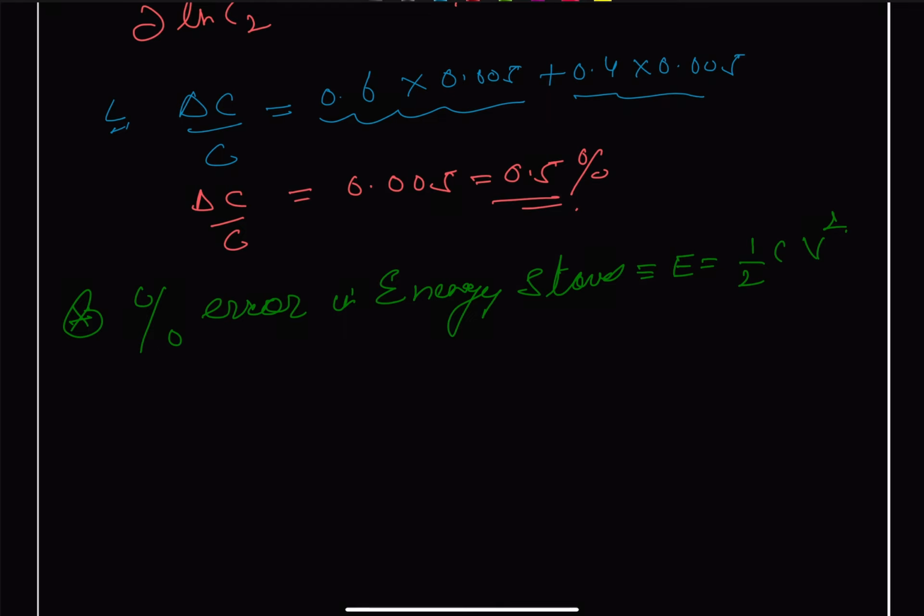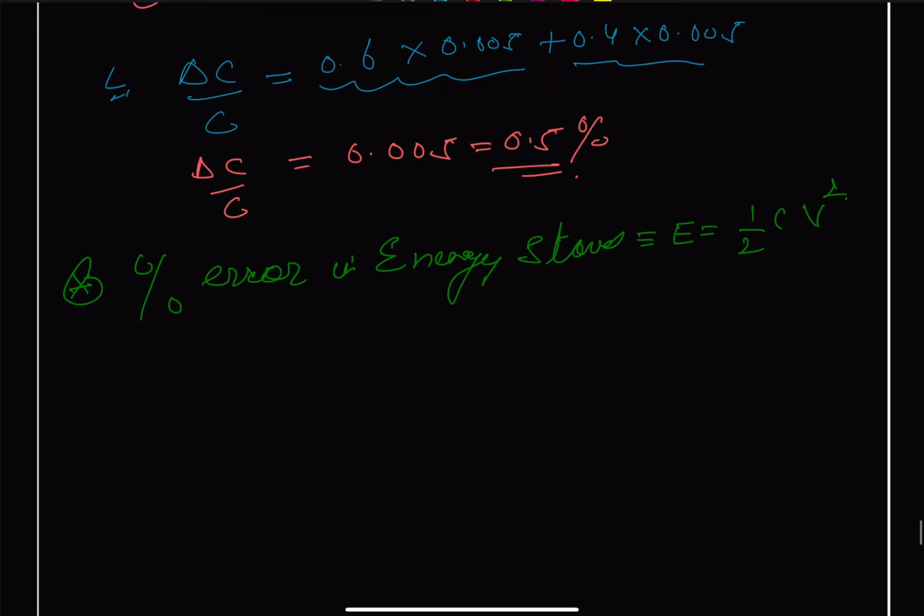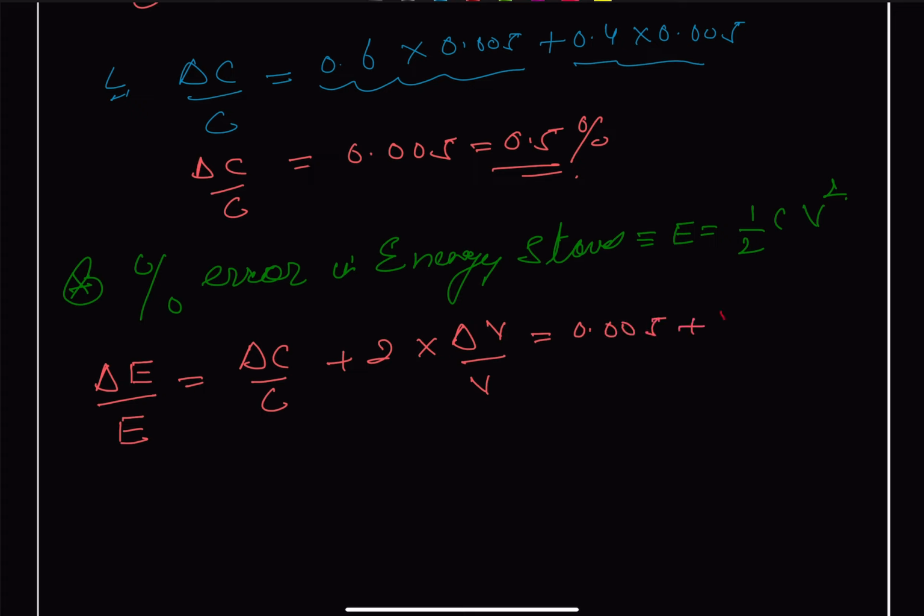So therefore we can write that our delta E upon E will be equal to delta C upon C plus twice multiplied by delta V upon V. And delta C upon C we found out is 0.005 plus 2 delta V upon V found out is our 0.004.